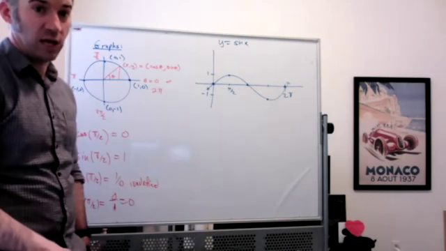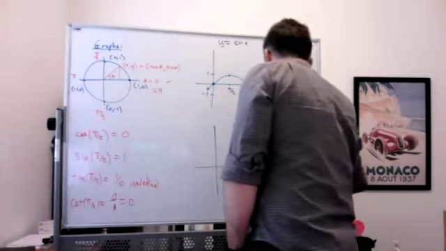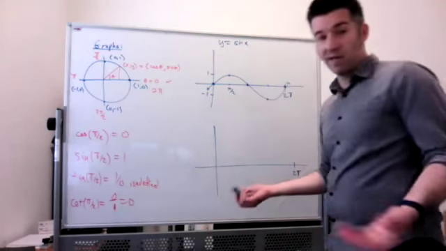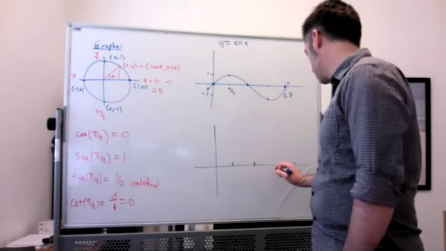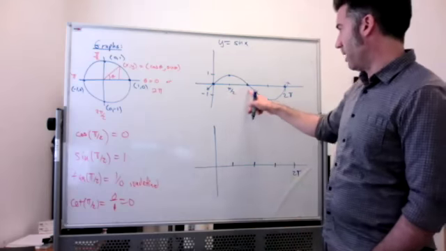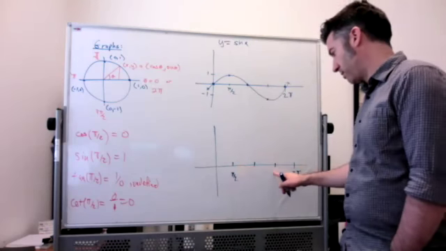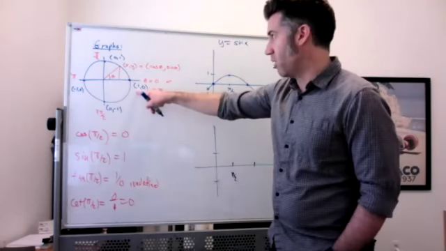And the cosine function actually looks very similar. When I'm graphing any trig function, I'm going to break it up into 4 equal subsections: pi over 2, pi, 3 pi over 2, 2 pi.